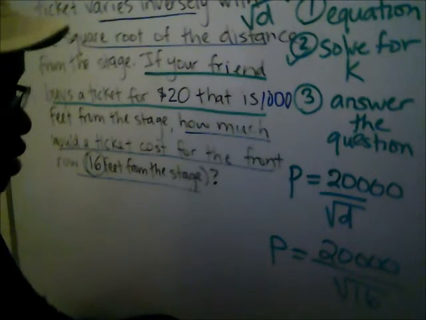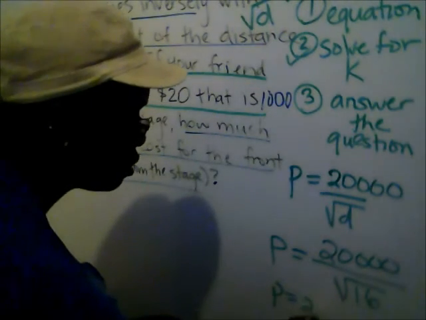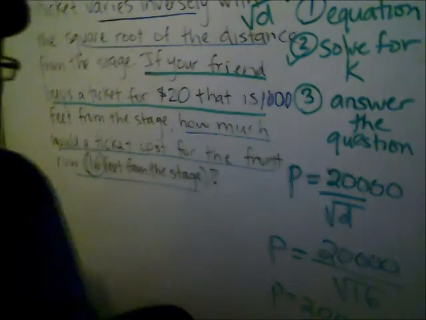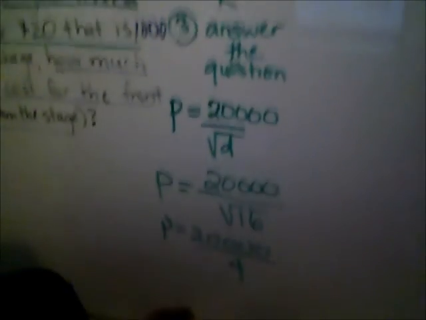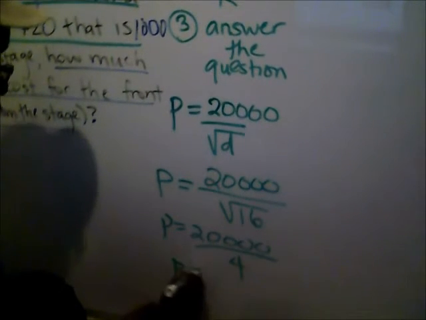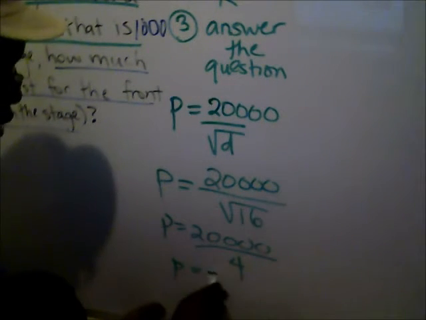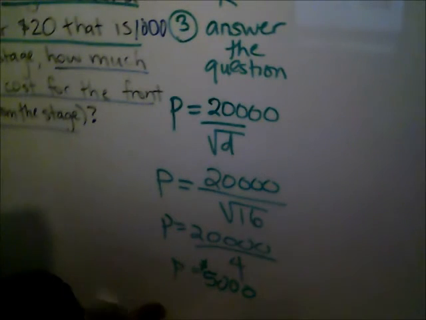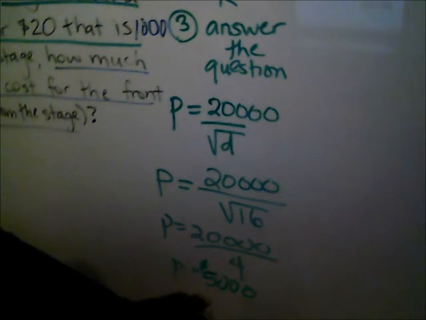So in that case, we can do P equals 20,000 over 4, because the square root of 16 is 4. So then that means the price of that ticket is going to be $5,000. So maybe this is like Beyonce or some really famous person. So that front row seat is really, really expensive.